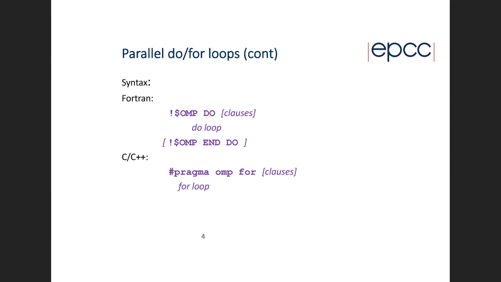The compiler is perfectly capable of working out where the loop ends, but it's just tidy or convenient, if you like, to use the end do directive, so that it's like most of the other OpenMP constructs in Fortran, where you have a starting directive and a matching end one. But you don't need to use it. If you don't like it, you can leave it out.